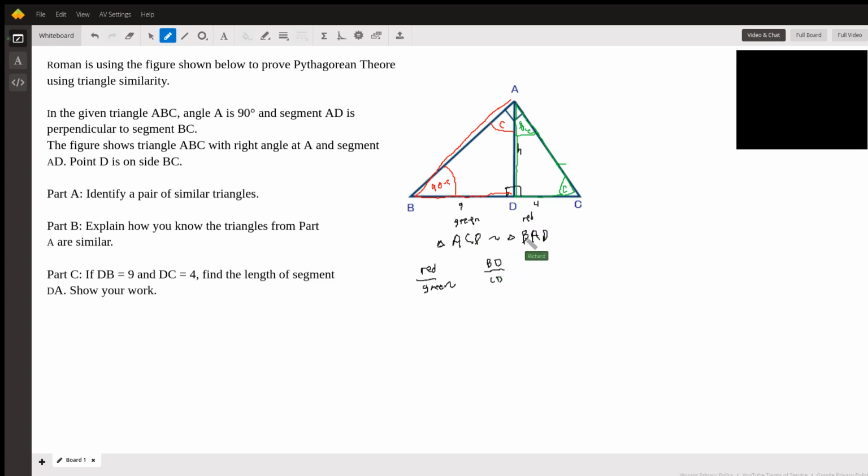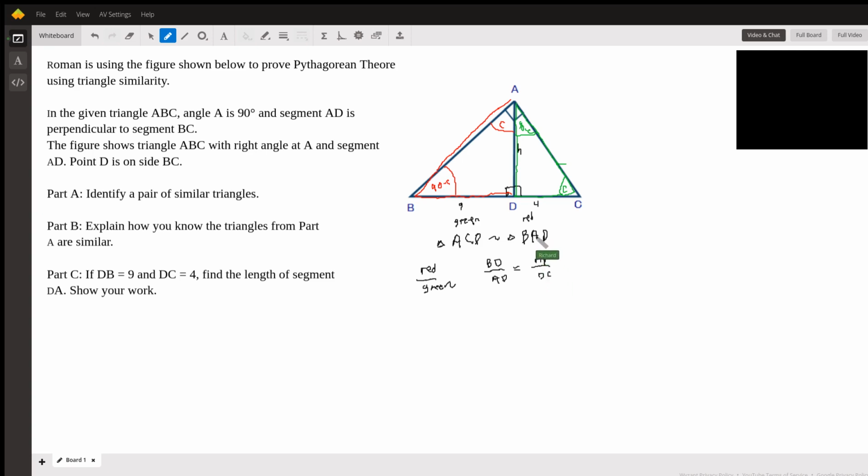And I want red over green, so BD over AD. This is the same as the red AD over DC.